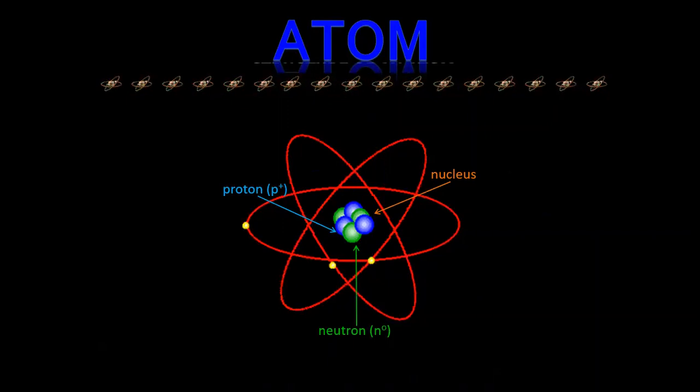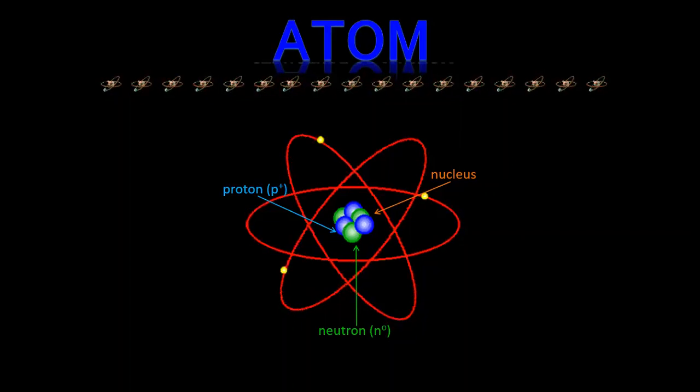You add up those charges and you find out that the overall charge on the nucleus is positive. Well, not because the nucleus is positive, but because the nucleus contains protons and neutrons. And if you add those up, the overall charge on the nucleus is positive, right?